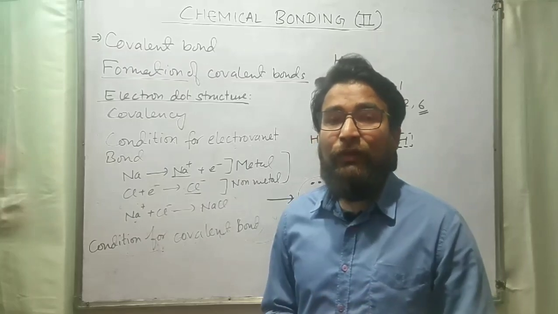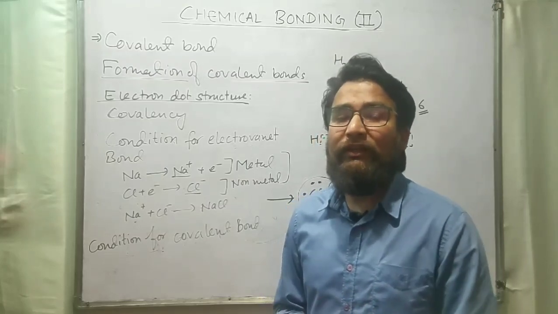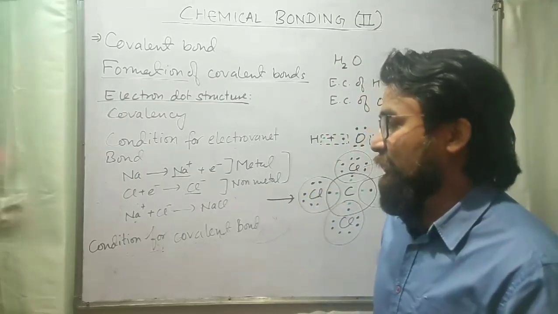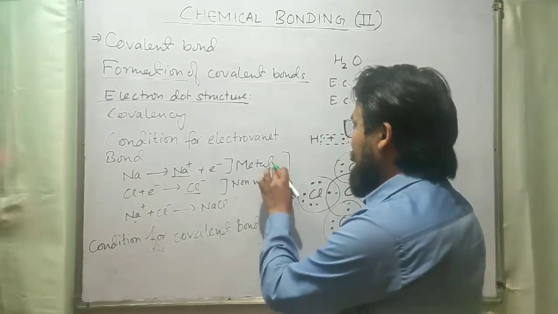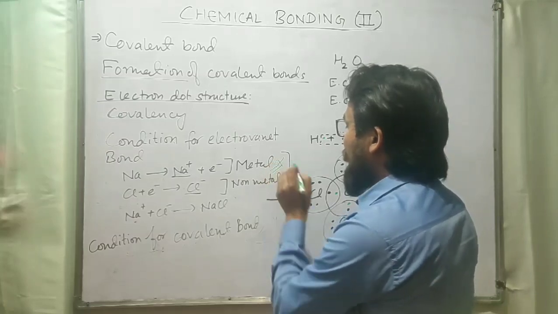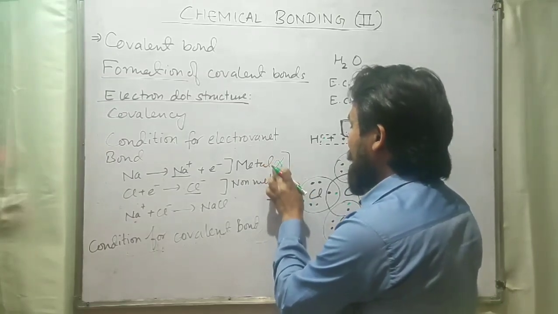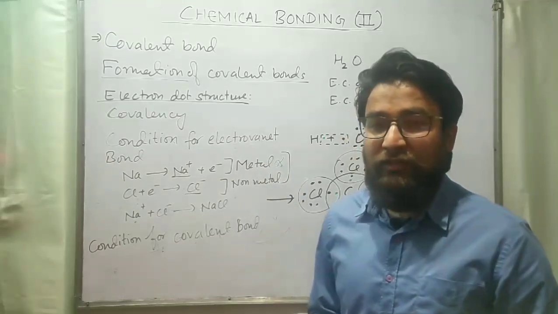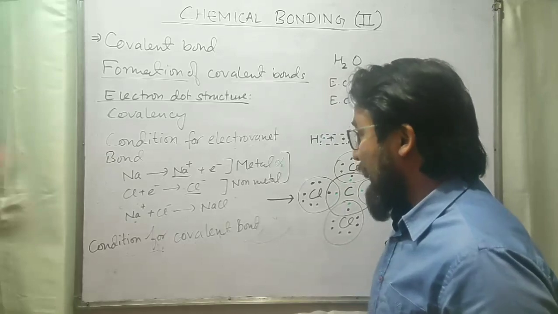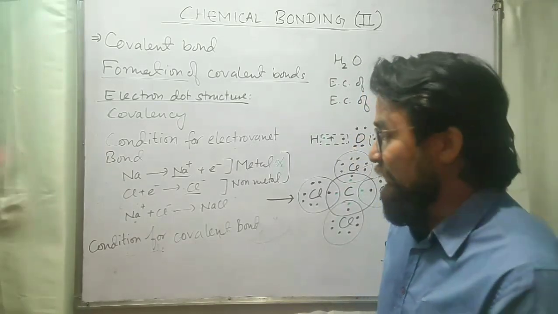There are two atoms, both the atoms want to gain electrons, but neither of these two atoms wants to lose an electron. Because neither atom can lose the electron, it is not possible that any of these atoms is a metal. It means both the atoms should be non-metals.